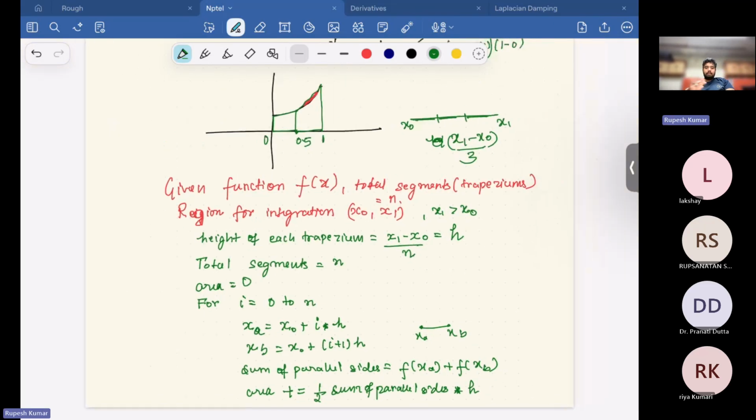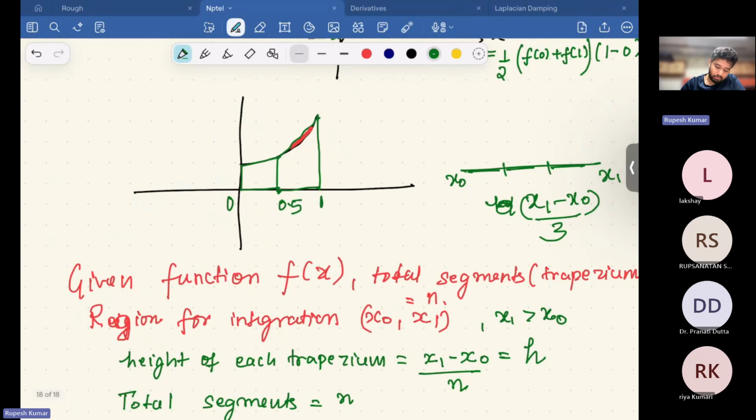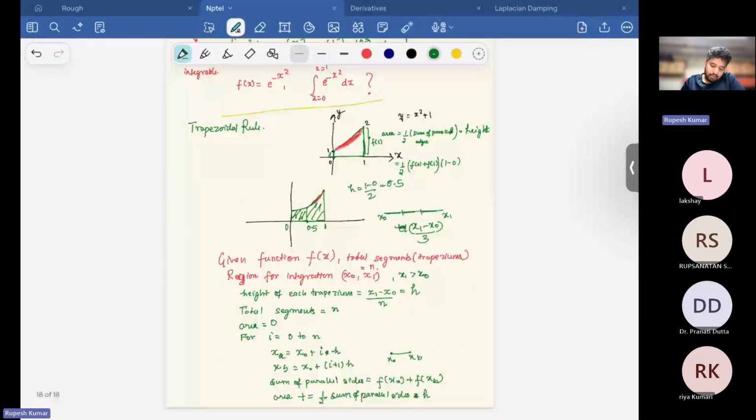So now you keep adding up the area and you get the correct formation, right? So for example, for this trapezium, you had two segments. So height was 1 minus 0 by 2, which is 0.5. So for segment 0, you computed the area. Then for segment 1, you compute the area, right? And you repeat. So this is how the trapezoidal rule works.